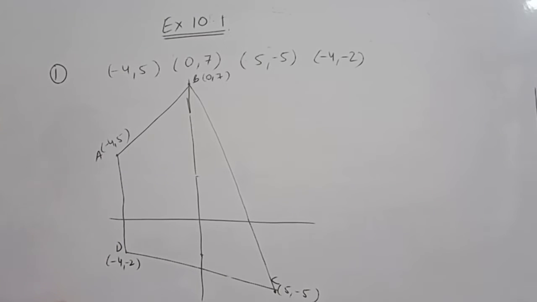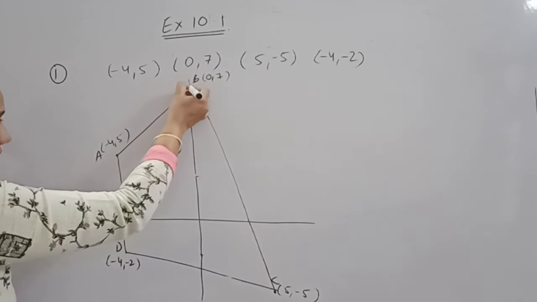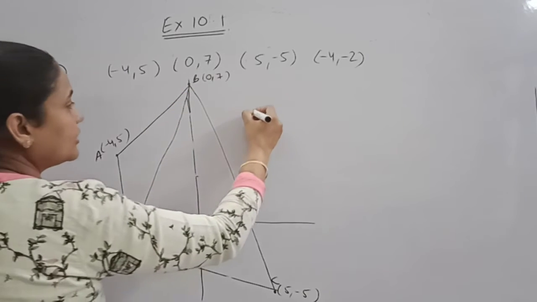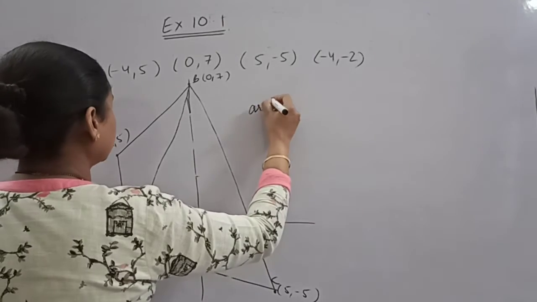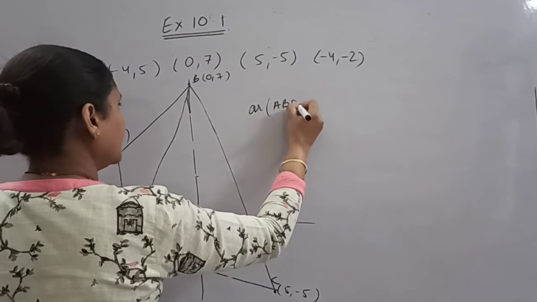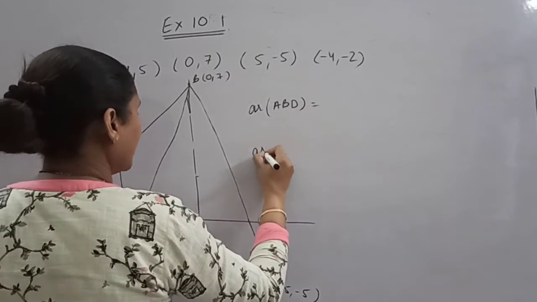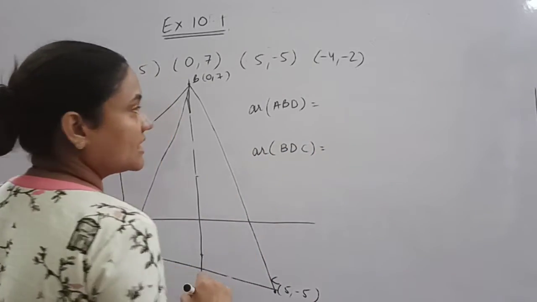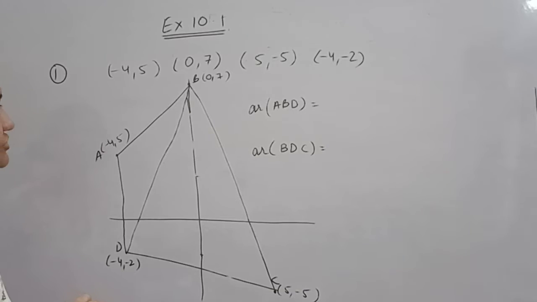Now you have to find out the area of this quadrilateral. I am joining these 2 points. Now all of you find out the area of the triangle ABD and area of the triangle BDC. How you will find out the area of these two triangles?